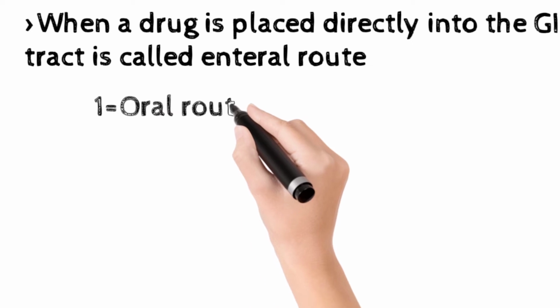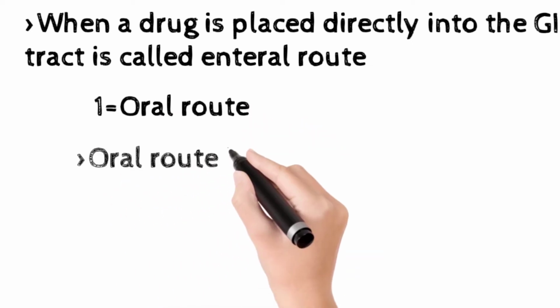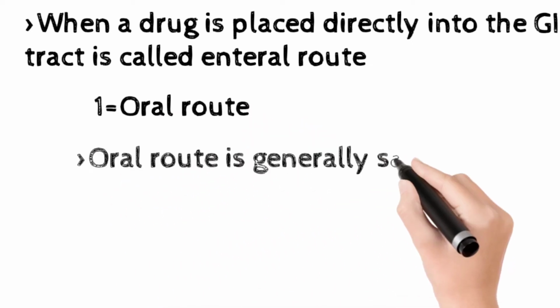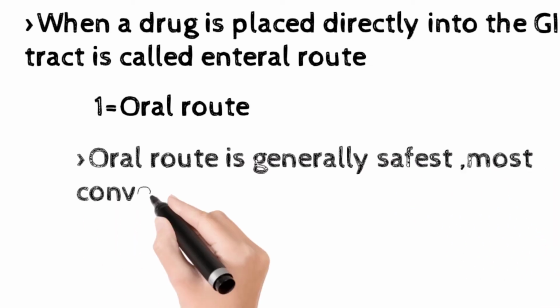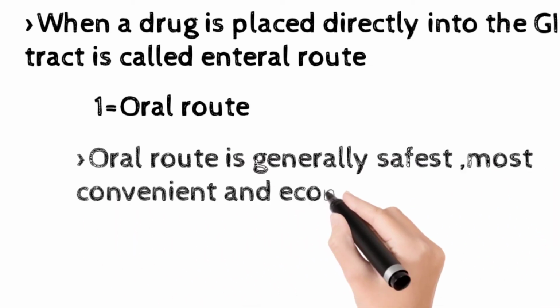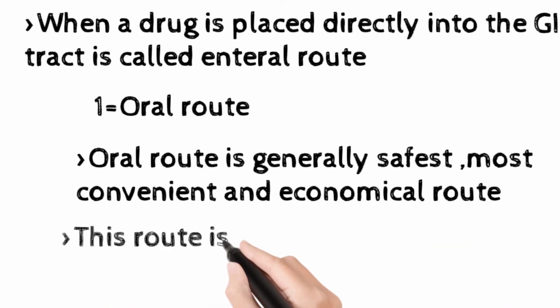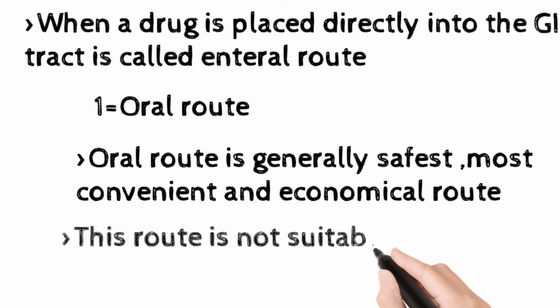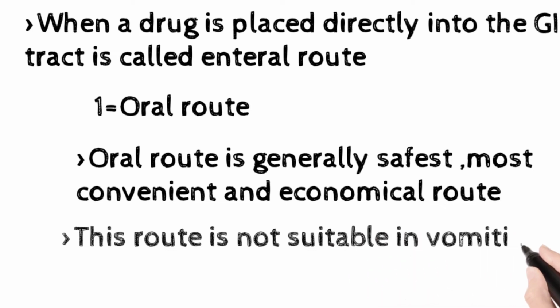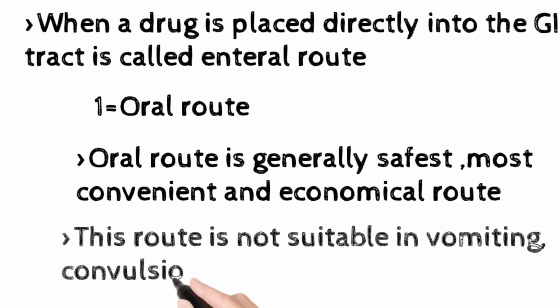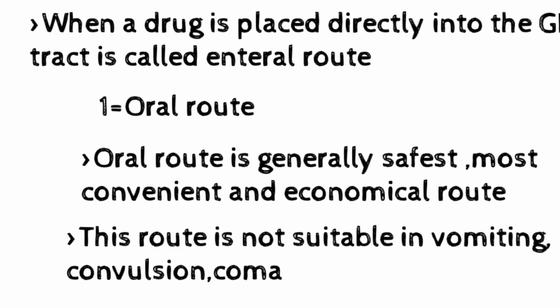Now in enteral route, first is the oral route. Oral route is generally the safest, most convenient and economical route. This route is not suitable in vomiting, convulsion and coma patients.